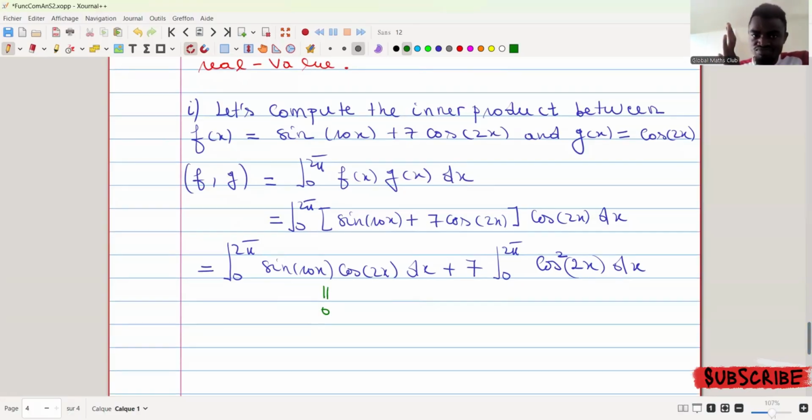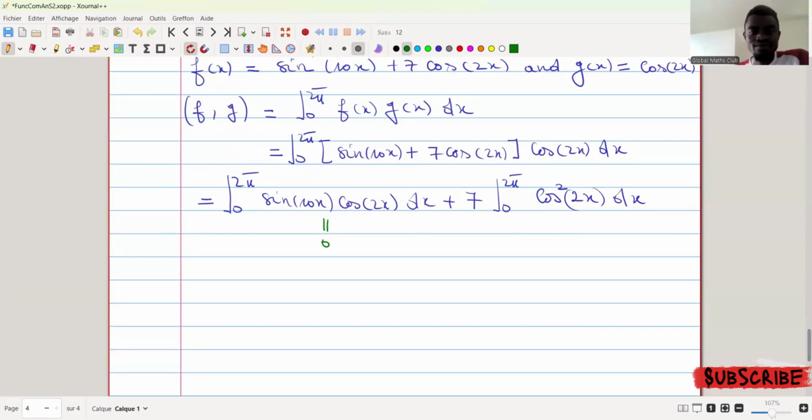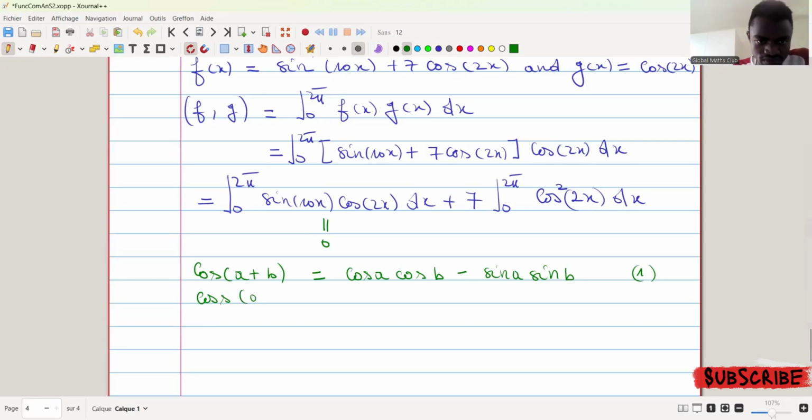Maybe I'm going to recall some trigonometric formulas before continuing. Now you know that I'm going to recall some duplication formulas. Cosine of a plus b is equal to cosine a cosine b minus sine a sine b. So I can take it like 1. Cosine of a minus b equal to cosine a cosine b plus sine a sine b.